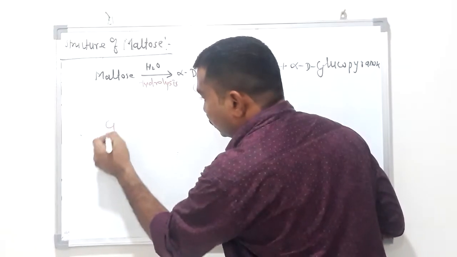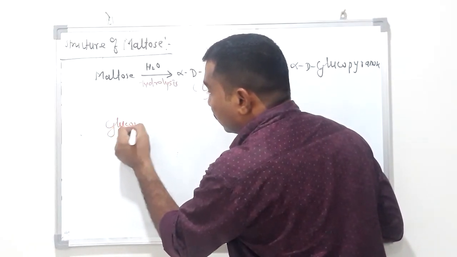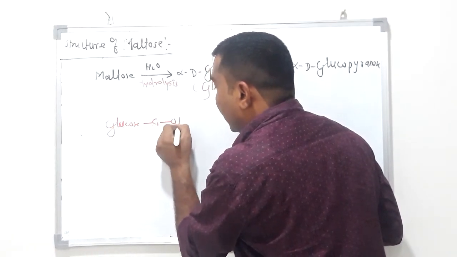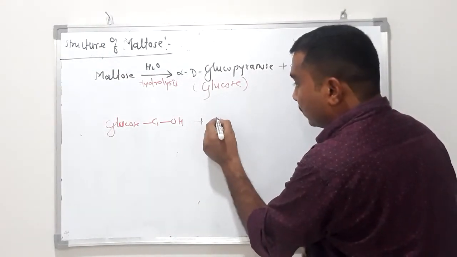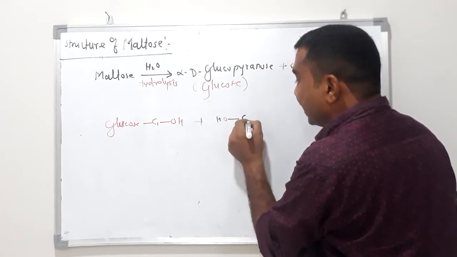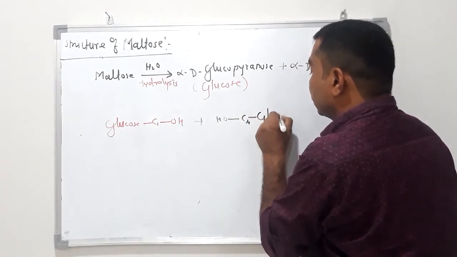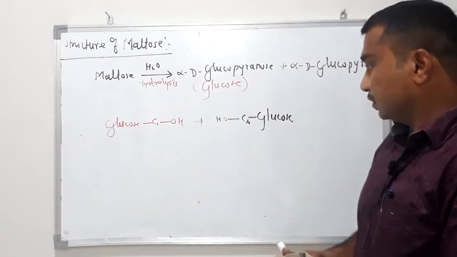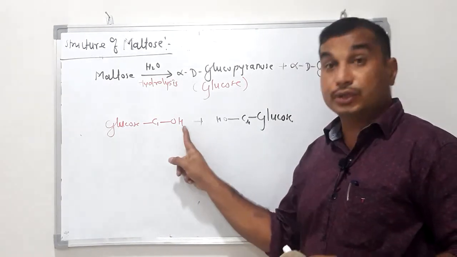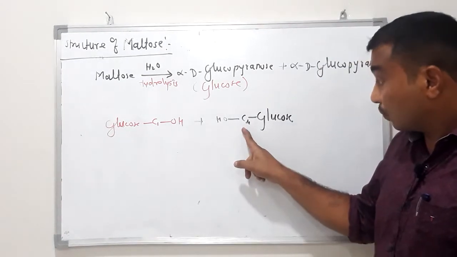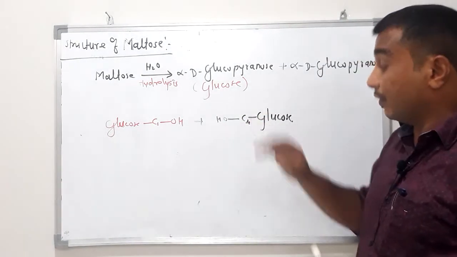See, this is glucose and this is C1 having an OH group. Another glucose has an OH group at C4. Just for our understanding, this is carbon number 1 of glucose having an OH group, and this is carbon number 4 of another glucose molecule having an OH group.